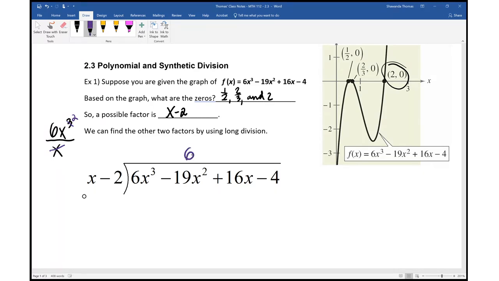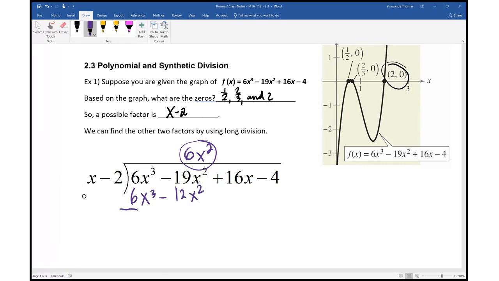We will put it above its like term, negative 19x squared. These are like terms because they both have x squared on them. And then just like long division from elementary school, you will multiply this times your divisor over here. Multiply all of it. So 6x squared times x minus 2 is 6x cubed minus 12x squared.